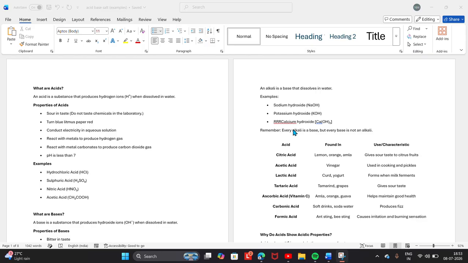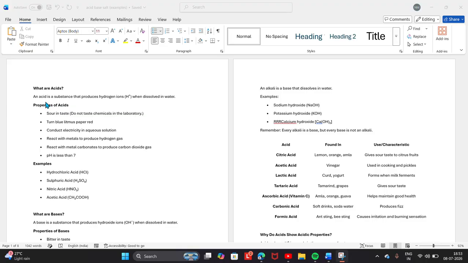Okay, so up to eighth grade or ninth grade, we studied that acid are substances that are sour in taste and they turn blue litmus red. But now we'll study a different definition for acid. We'll see acids as a completely new thing.